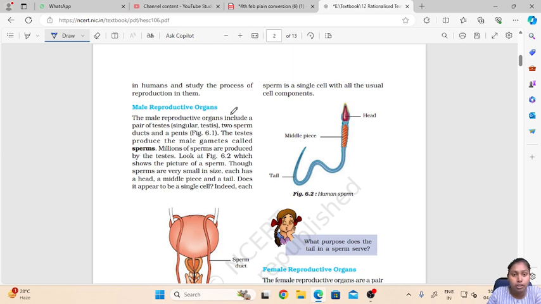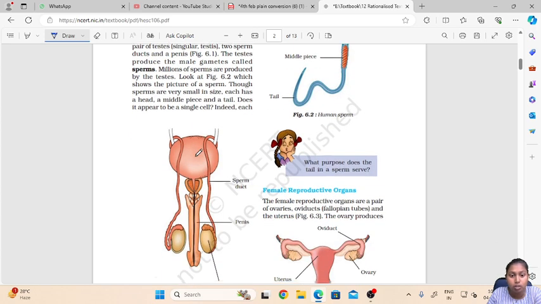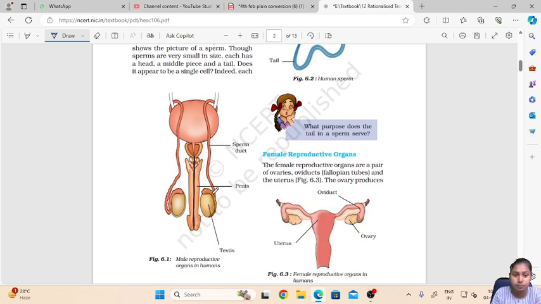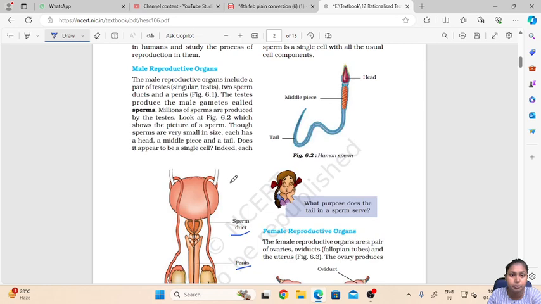The male reproductive organ includes a pair of testes, two sperm ducts and a penis. These are the testes. This is the penis and the sperm duct. So the male reproductive organ has two testes, a penis and a sperm duct.